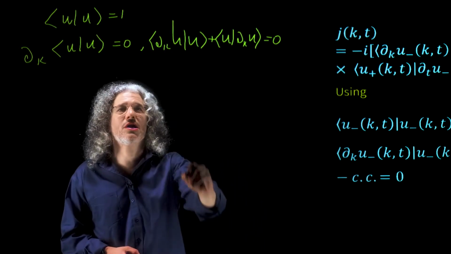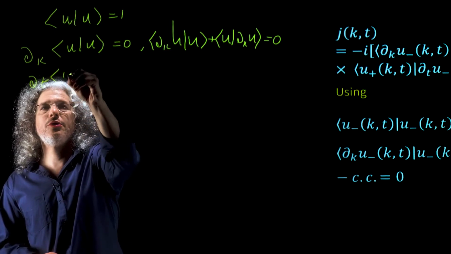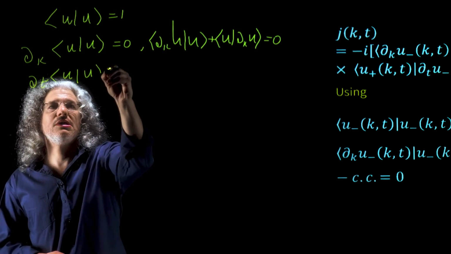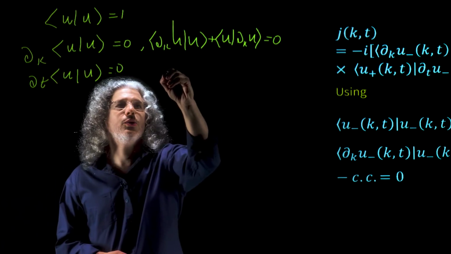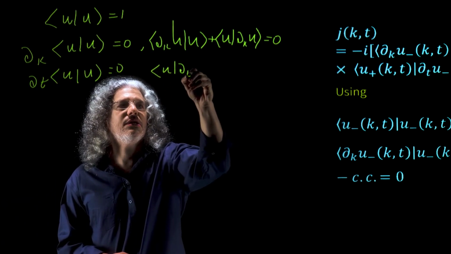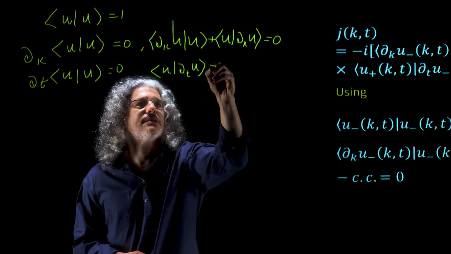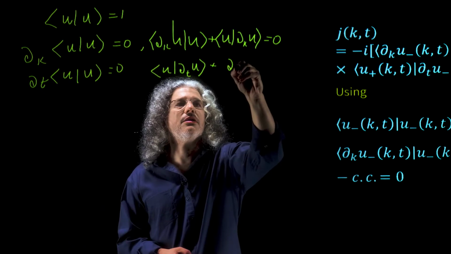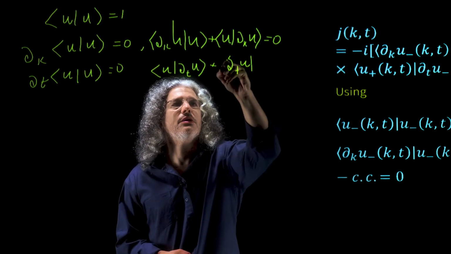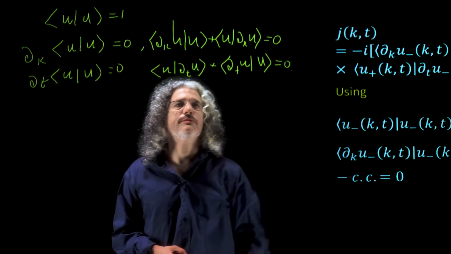Now a similar situation we can do for ∂_t: the derivative of <u|u> is equal to 0. So <u|∂_t u> plus <∂_t u|u> is equal to 0.